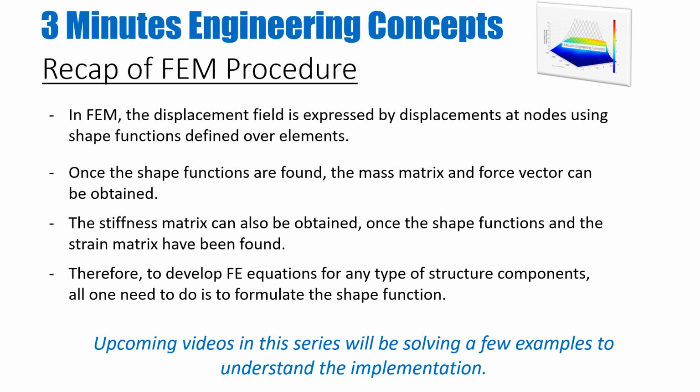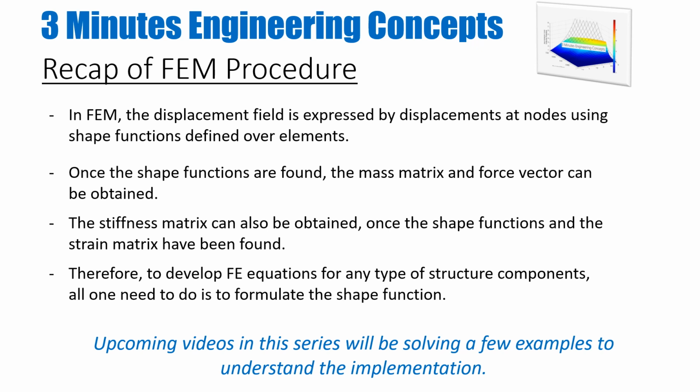Just to summarize what we have done until now, before we jump into the real numerical examples solving these different structures using FEM. In FEM, the displacement field is expressed by displacements at nodes, and to describe those we use shape functions. In the context of truss elements, we used linear elements in this course.